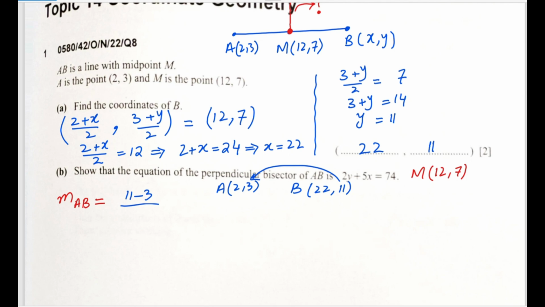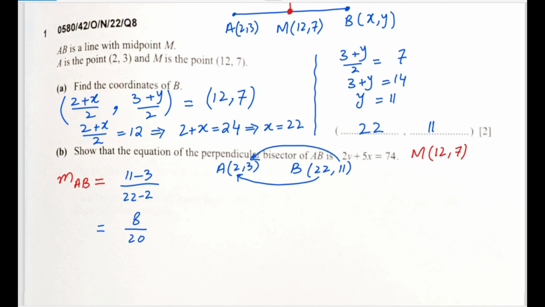This is the formula to find the gradient. So 11 minus 3 will be 8 and 22 minus 2 will be 20. We can also simplify this. 8 over 20, both go in the table of 4. 4 times 2 is 8, 4 times 5 is 20. So this is 2 over 5.